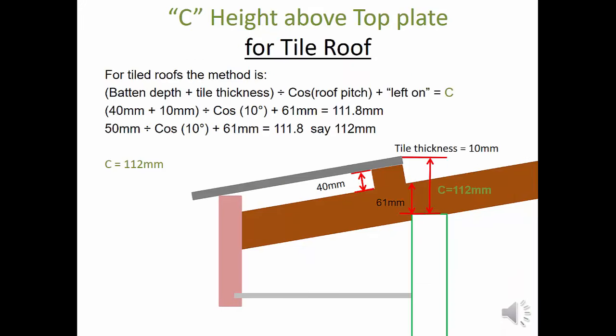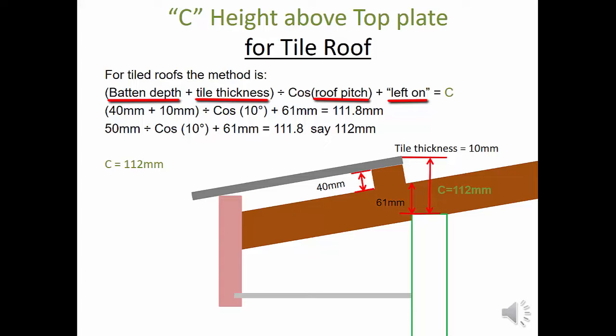This example is for C, height above top plate, for a tiled roof. To calculate the height above top plate for a tiled roof, you need to know the batten depth, the tile thickness, the roof pitch, and the left on measurement. The rafter left on measurement can be measured directly off the rafter or truss.